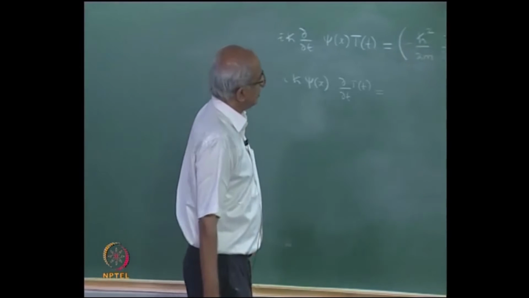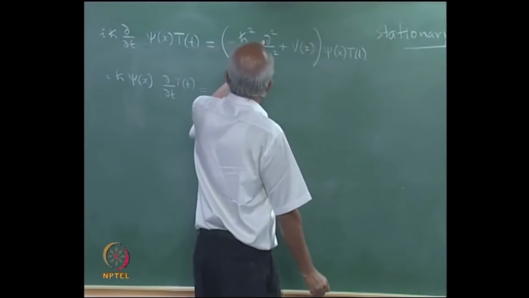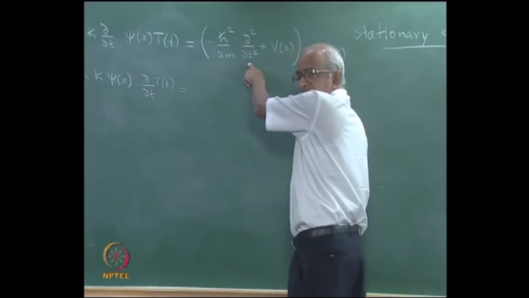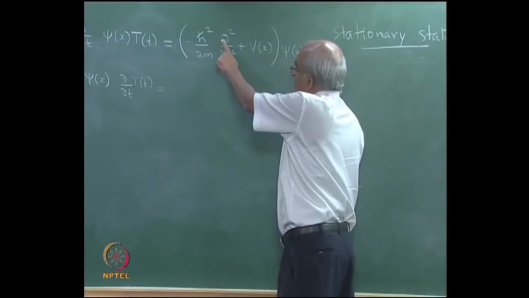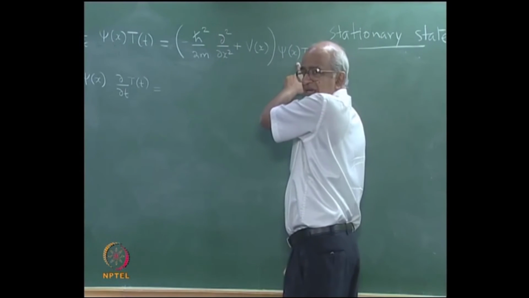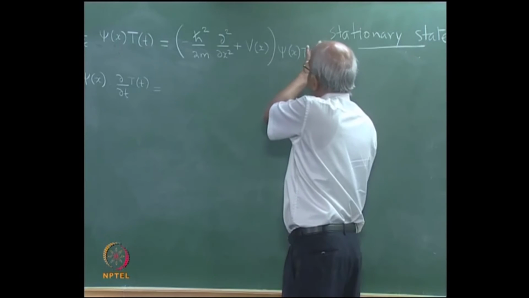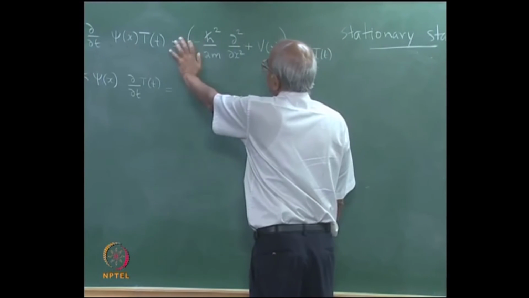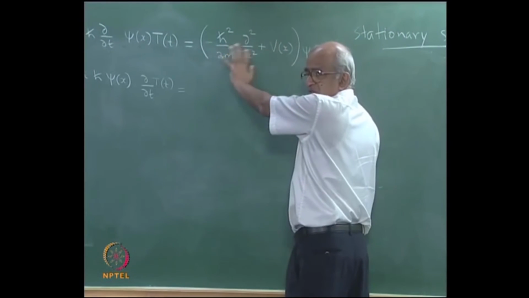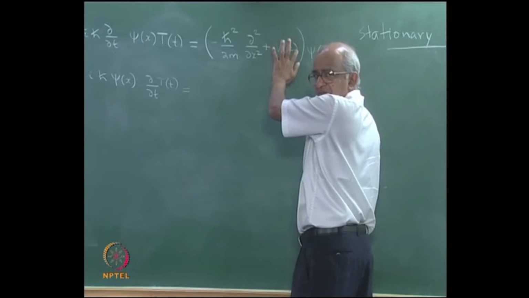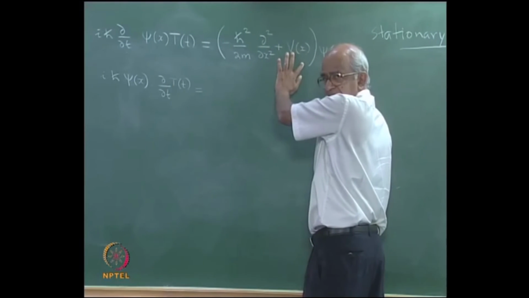the right hand side. On the right hand side, you have partial differentiation with respect to x. So, this is going to affect only psi, it is not going to affect capital T. So, this capital T is completely unaffected by whatever is there in this operator, because there is no time anywhere in this operator.